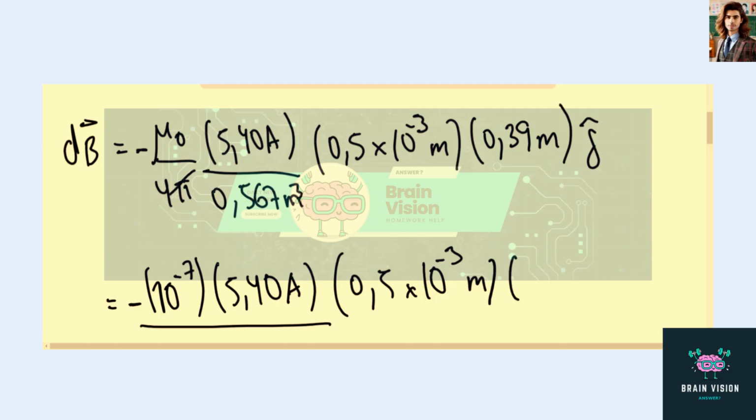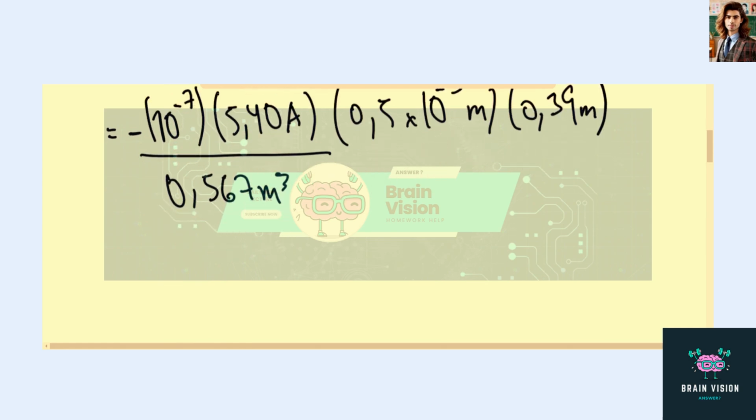So plugging all of this into the calculator, we obtain a value of minus 1.857 times 10 to the minus 10 Tesla in the J direction.